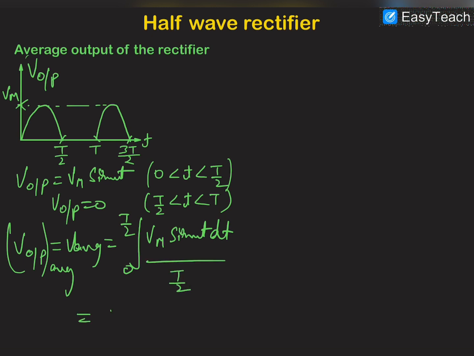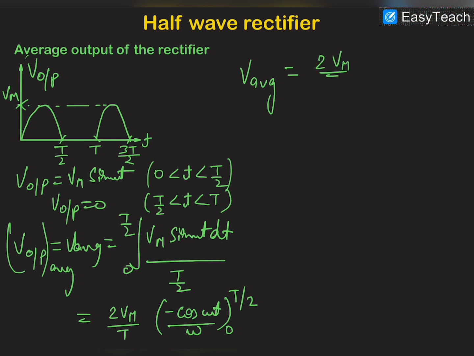So this will be 2 Vm by T, and the integration of sine will be minus cos omega t by omega, and the limit will be from 0 to T by 2. By calculating this, you would get V average as 2 Vm by pi, and Vm is the peak value of the output voltage. So this is the average value of output, and this is VDC also.